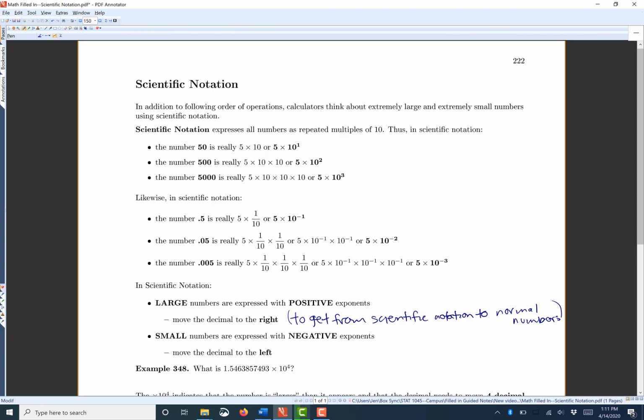And small numbers are expressed with negative exponents. That means to get to normal numbers from scientific notation, we'll have to move our decimal to the left. So let's try a few examples.